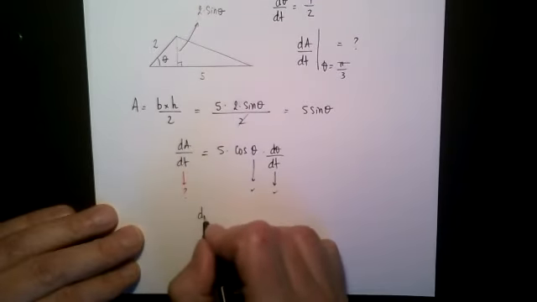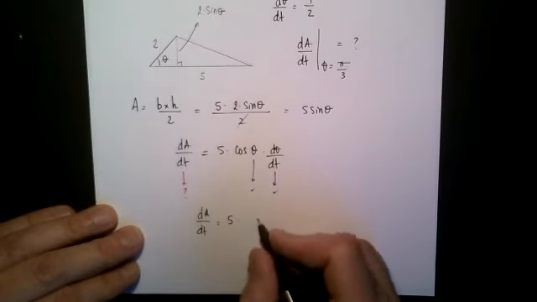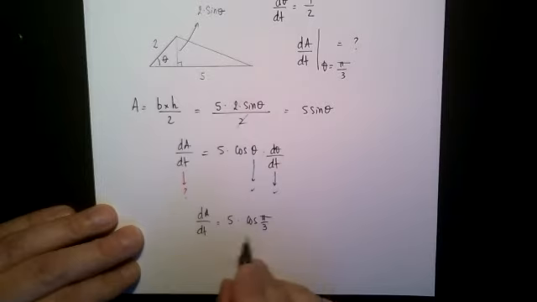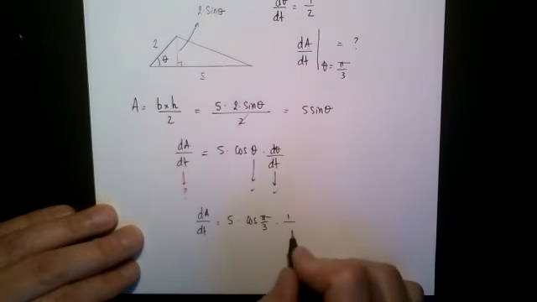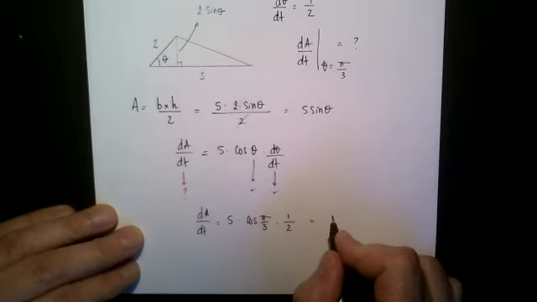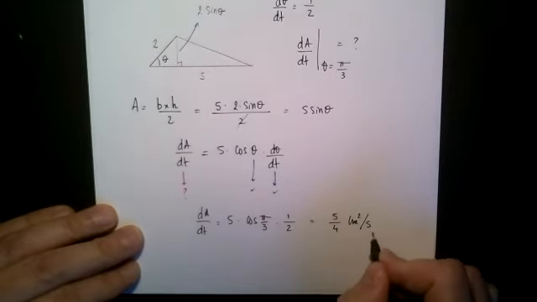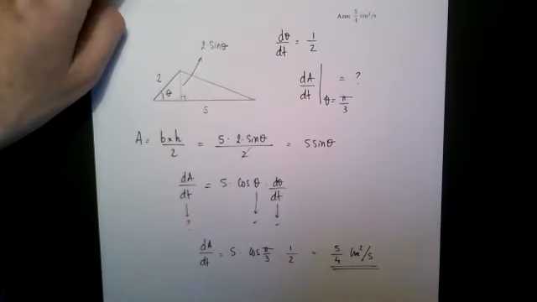So dA dt, 5 times the cos of pi/3, which is 1/2, times d theta dt, which we said was 1/2. And so you get 5/4 centimeters squared per second, which corresponds to our answer that we had up here.